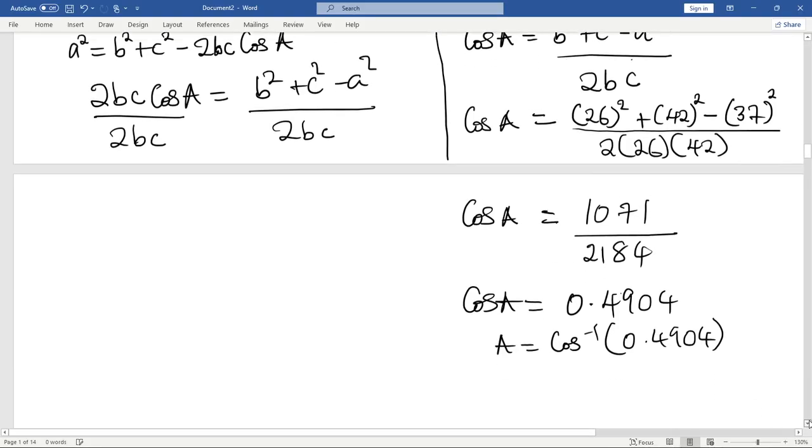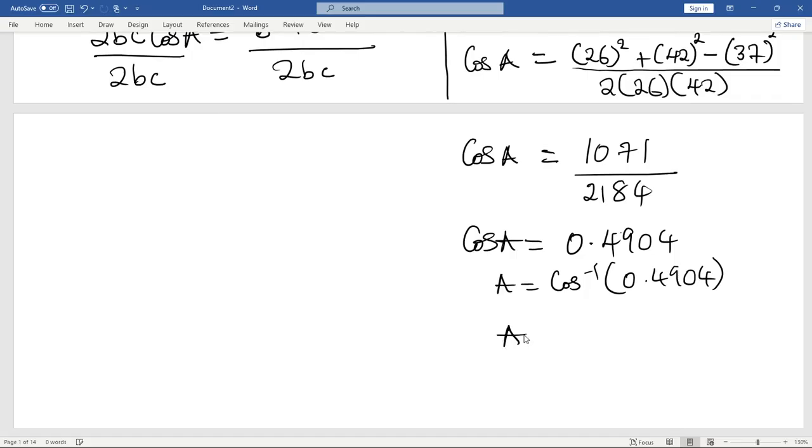So let me just scroll down a bit. So then A here is equal to cos inverse of the answer there, we're getting 60.6 degrees here. So the value of A here is 60.6 degrees.